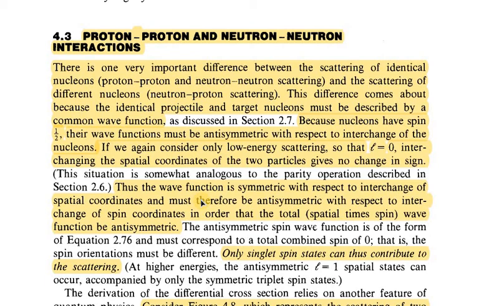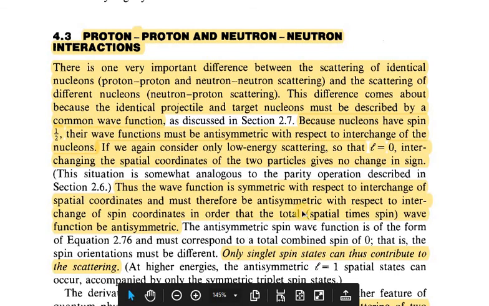Thus, the wave function is symmetric with respect to interchange of spatial coordinates and must therefore be antisymmetric with respect to interchange of spin coordinates, in order that the total space-spin wave function be antisymmetric. Therefore, only singlet spin states can contribute to the scattering.